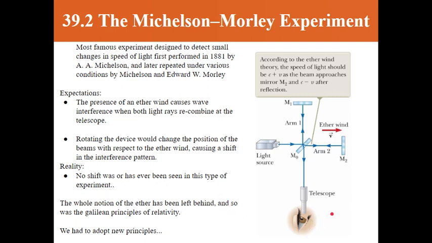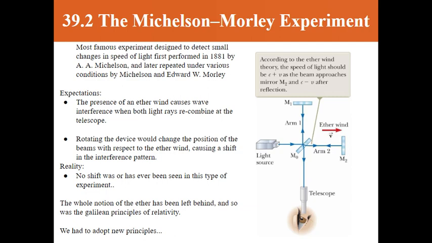No shift was ever seen in the interference pattern in the telescope. So that must mean that you cannot demonstrate an ether wind with this experiment. And many follow-up experiments also failed to show the existence of any ether wind.